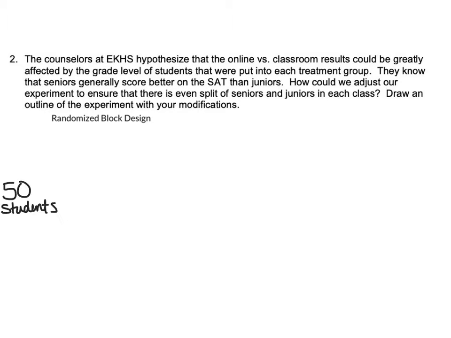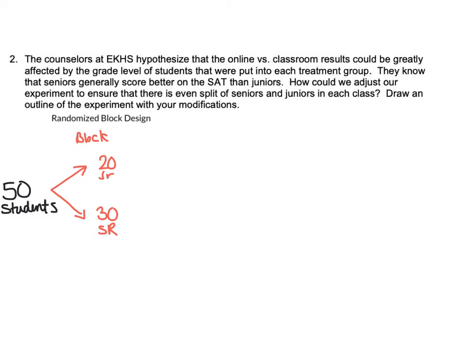So the first thing I'm going to do here is take my 50 students and block them. I'm going to split them into my 20 juniors, and I've got 30 seniors. That's clearly not where I do the random assignment.